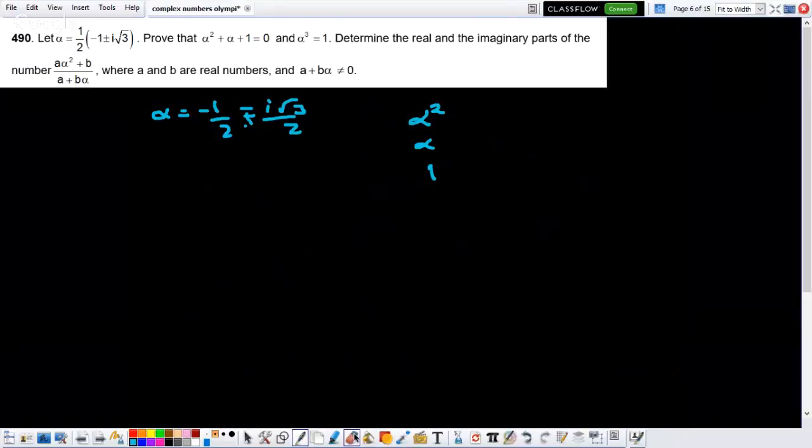Or if you are familiar with complex numbers and quadratic equations, you know that x squared plus x plus 1 equal to 0 is a quadratic equation, and by using the delta method, delta is equal to b squared minus 4ac.